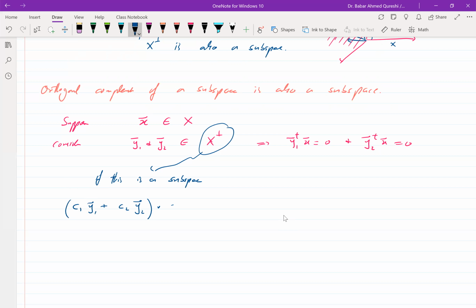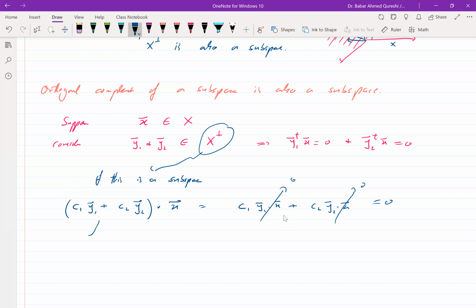And then you make a dot product, a scalar product with an arbitrary vector of X. Using the scalar product properties, this works. And they both are 0.